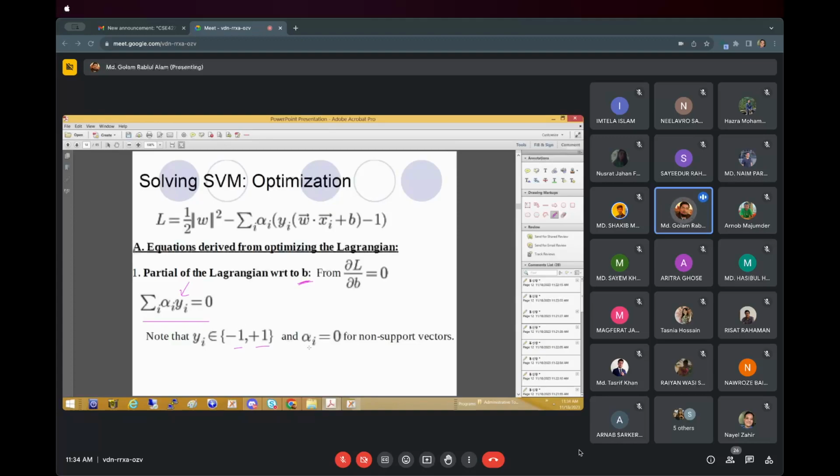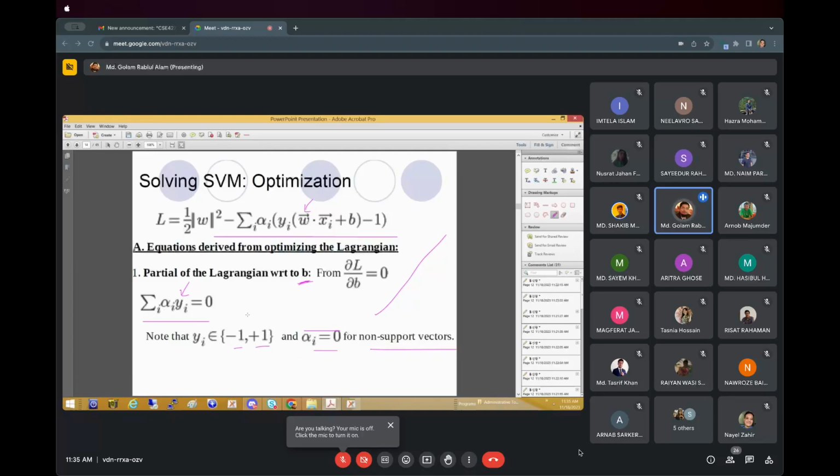And here alpha I equals 0 for non-support vectors, because we form this equation only for the support vectors. Okay, so that means we want to just draw the perfect line, or you can say hyperplane, based on what? Based on the support vectors. So for non-support vectors, the alpha I will be 0.